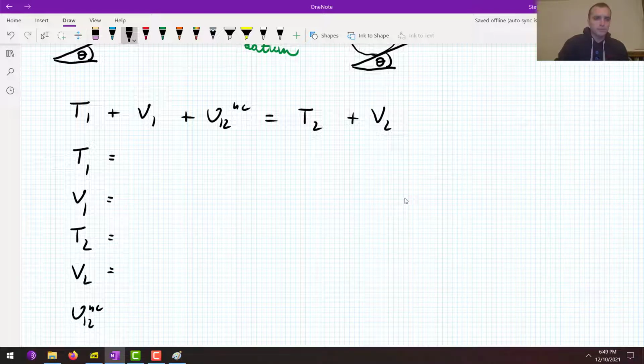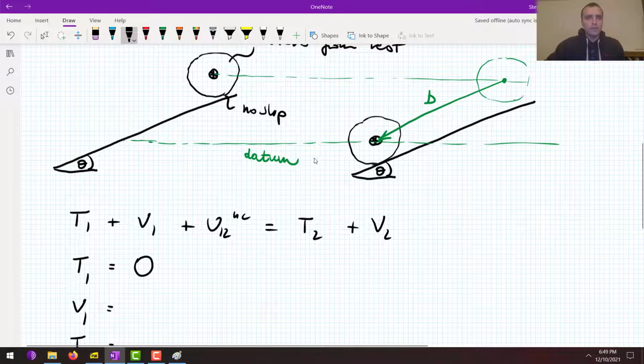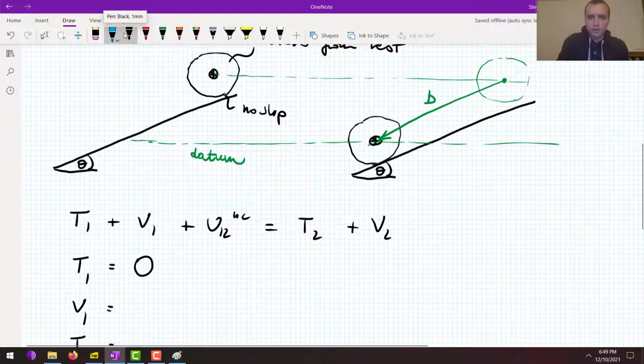Okay, system starts from rest, so I can put 0 in here. I think that at the end, we have some velocities, yes? So at the end we have velocity vc, right?